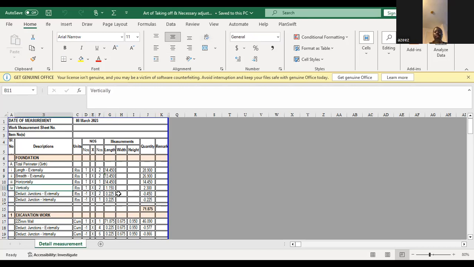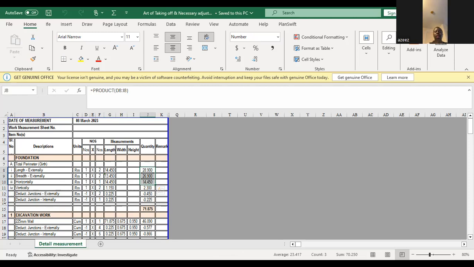While the vertical one, the small one, the internal wall, is 1.15. So that will give you the overall running meter, the overall length of your perimeter.